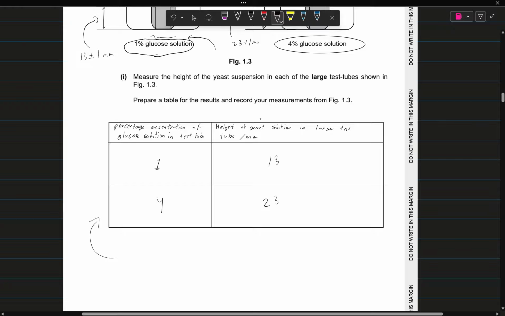So basically here, we can see that for the 4% solution, the height was greater. So this is exactly what we would say. We can say that the relationship between the percentage of glucose solution and the height of the yeast solution in the larger tube is directly proportional. Directly proportional means that if one increases, the other would increase. And this is exactly what happened here. So this is what I would say.